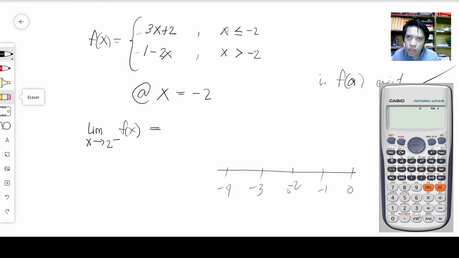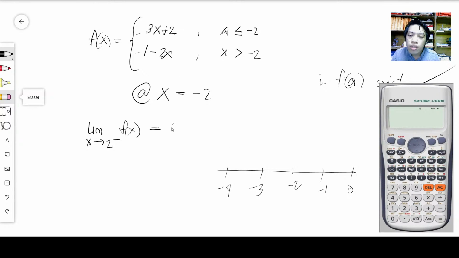So if you are approaching from the left, the function you will use is this one, because x is less than or equal to negative 2. So we will use the 3x plus 2.